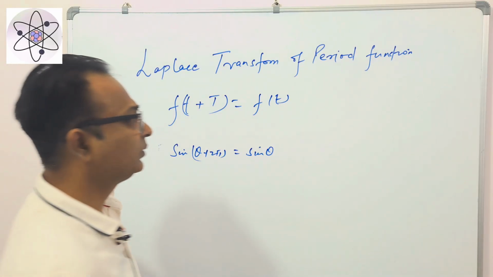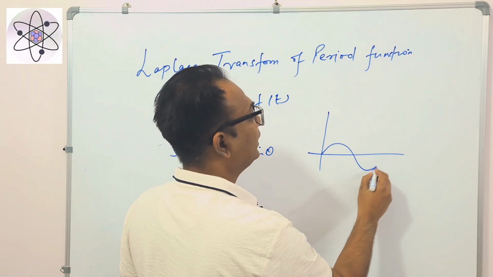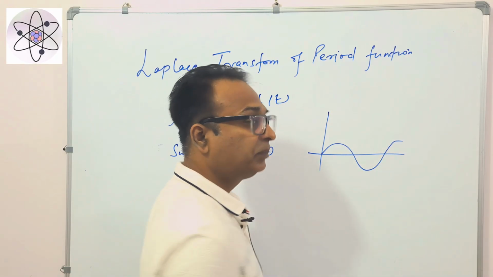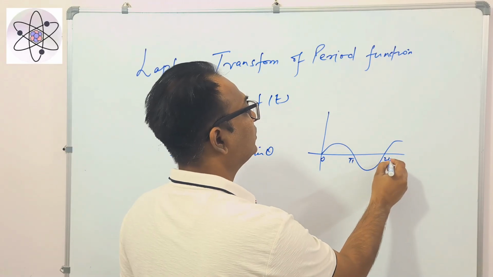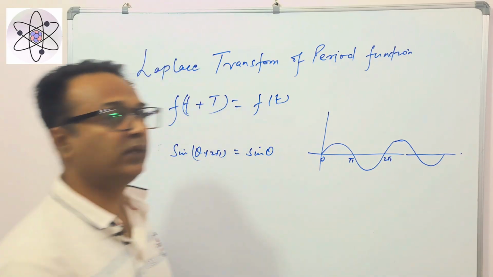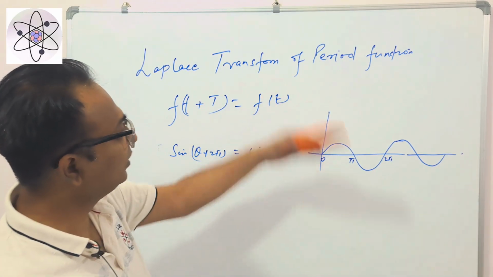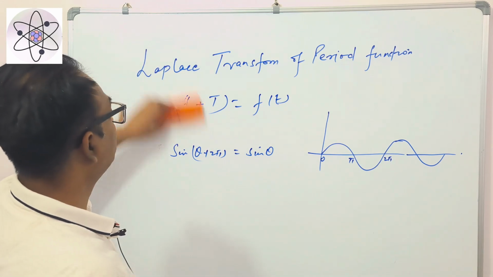This is a periodic function. Why? Because after 2 pi the function repeats itself. 0, pi, 2 pi. So after 2 pi it is the same. It keeps on repeating after that particular period.